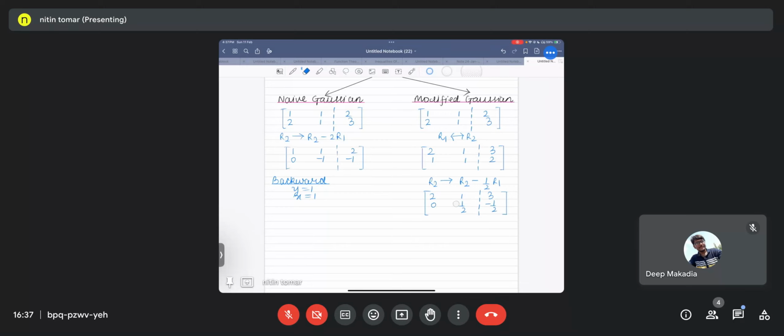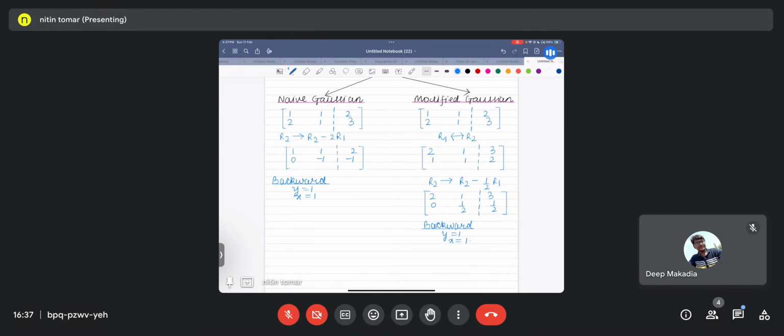Then you apply backward substitution. You will get y equal to 1, and then x is equal to 1. Correct? We are getting the same solution.